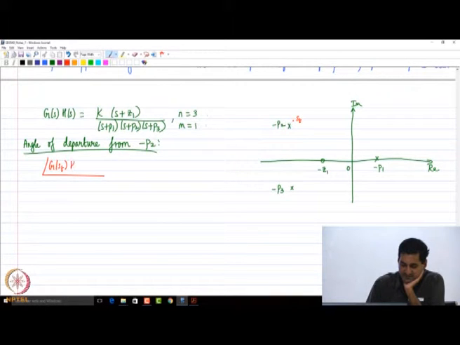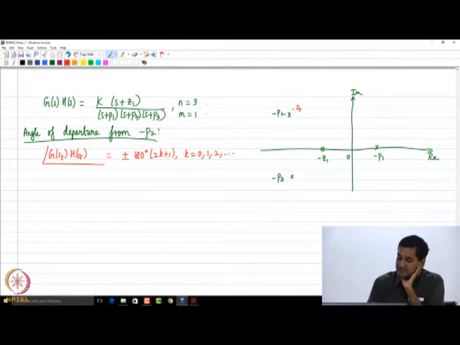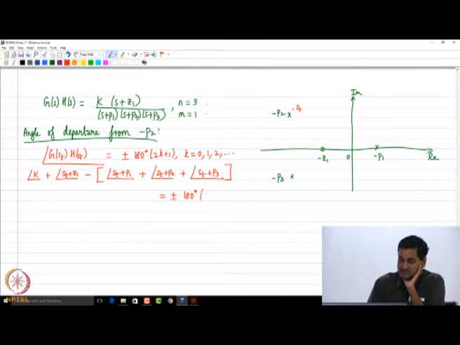G(s_t)H(s_t) should be equal to ±180 degrees times (2k+1), k being 0, 1, 2, etc. That means the angle of K plus angle of (s_t+z1) minus angle of (s_t+p1) plus angle of (s_t+p2) plus angle of (s_t+p3) should be ±180 degrees times (2k+1). Do you agree?